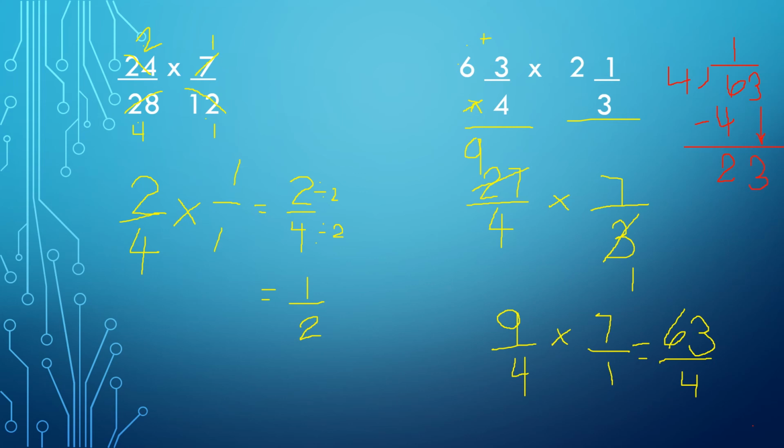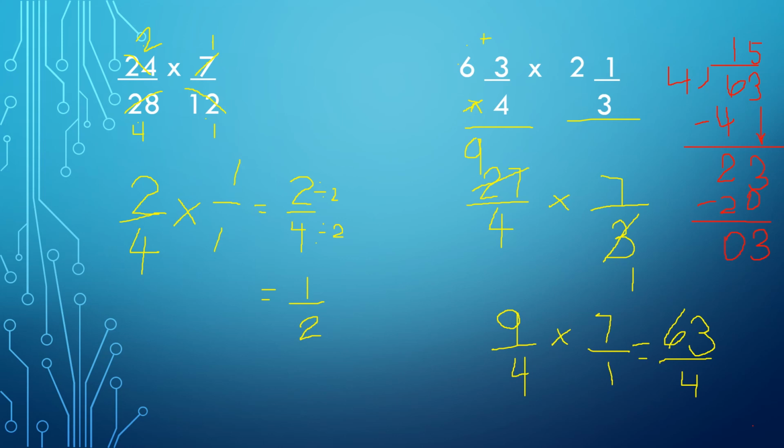And now we figure out how many groups of 4 we can get from 23. So 4 goes into 23 5 times. 5 times 4 is 20. 23 take away 20, 3 take away 0 is 3, 2 take away 2 is 0.